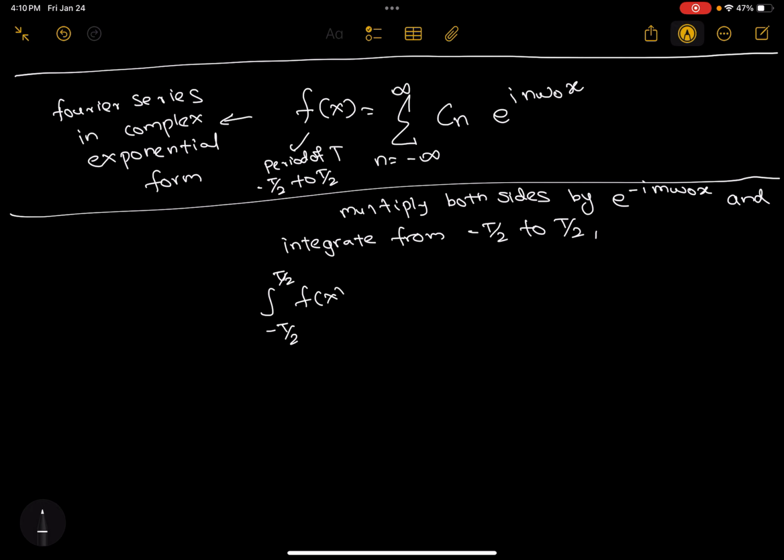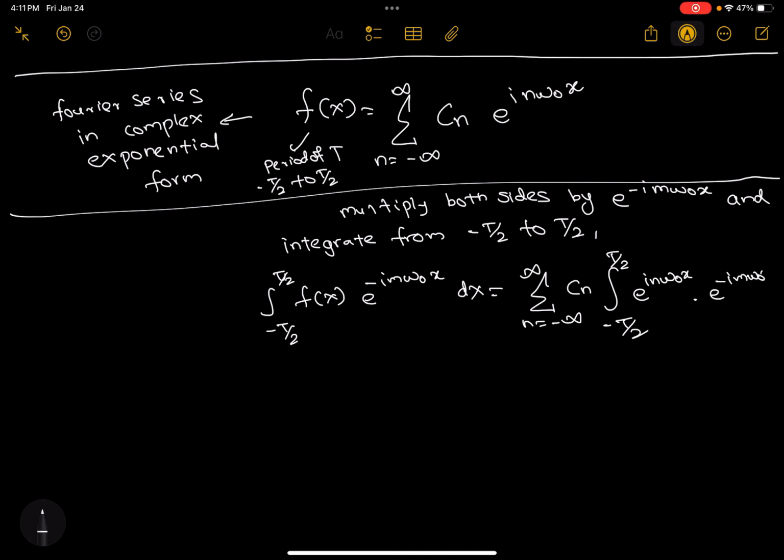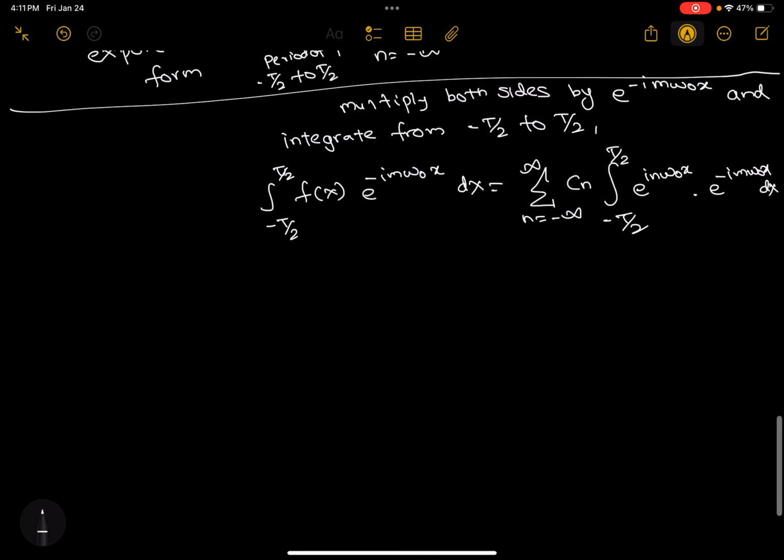f of x and e to the power minus i m omega naught x dx. Over here, I can take the integral inside the sum, and also this c sub n is a constant, so I just take the integral of this thing multiplied with e to the power minus i m omega naught x dx, right?